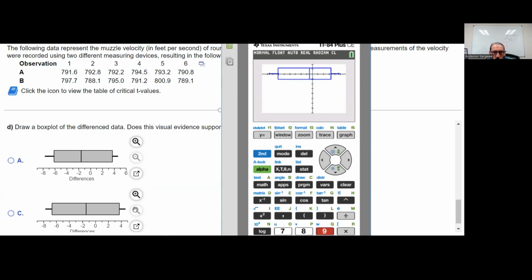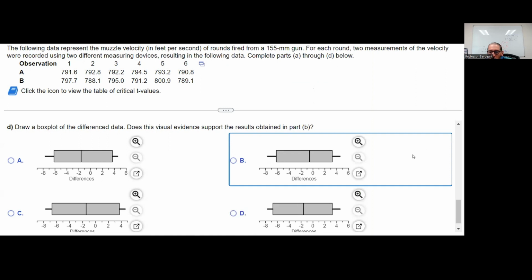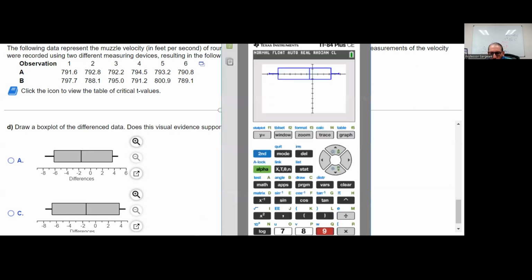Looks like we're going 6.5 units roughly in either direction. This one, about 6 units that way, whereas about 6.5. Those both have the median at about -1.5.